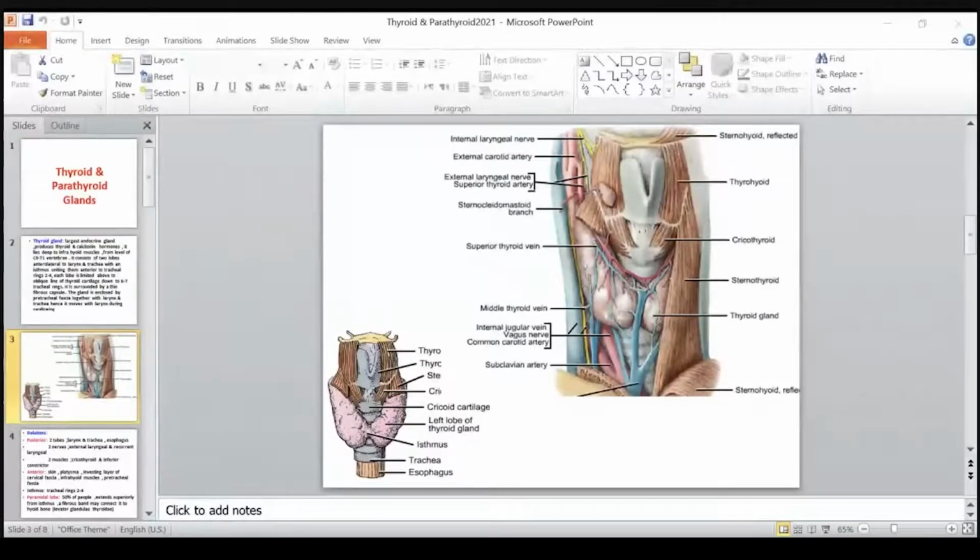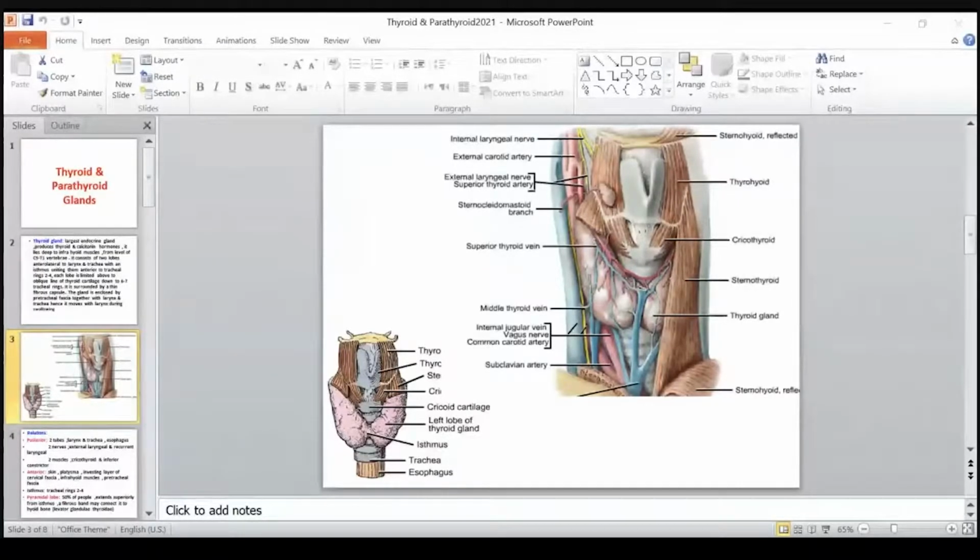It descends till the sixth tracheal ring, that is in level with the lower border of 6th cervical vertebra. Each lobe extends from below the oblique line of the thyroid cartilage and is applied to the thyroid cartilage to descend down to the level of the 6th tracheal ring, that is the lower border of 6th cervical vertebra.